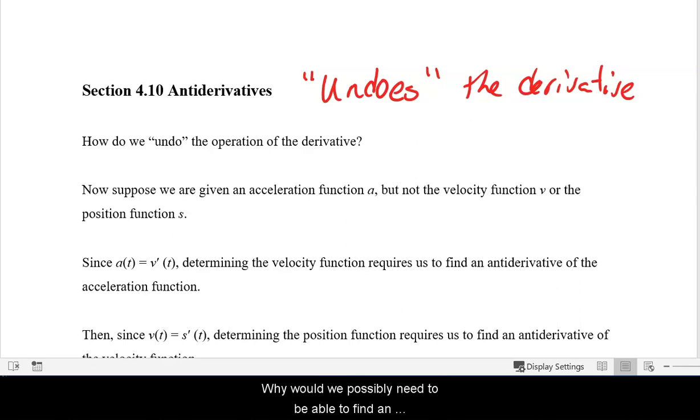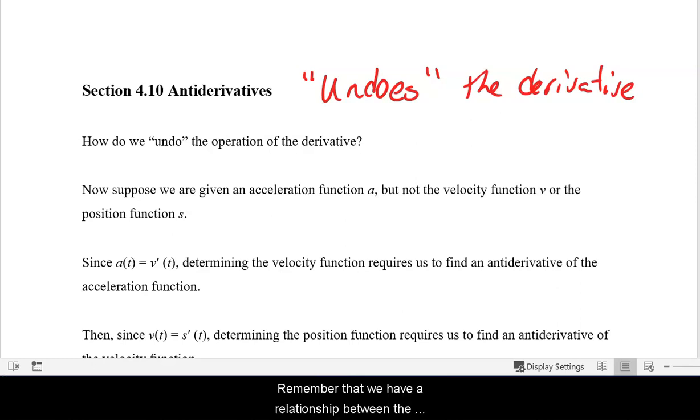Why would we possibly need to be able to find an antiderivative or to undo a derivative? One of the classic examples is motion along a straight line, otherwise known as rectilinear motion.